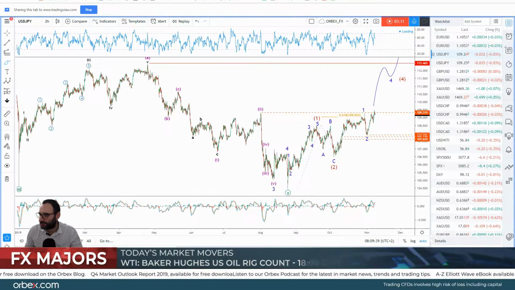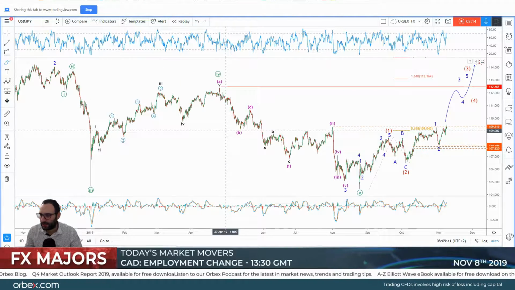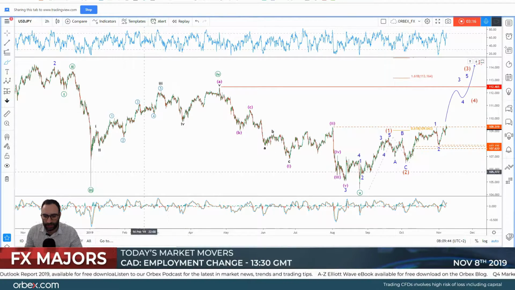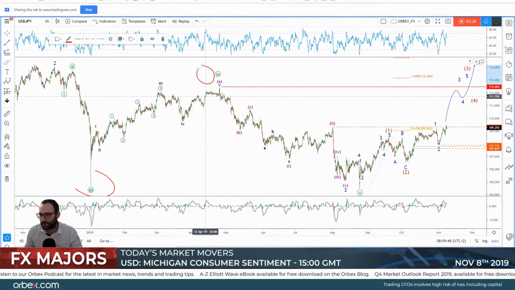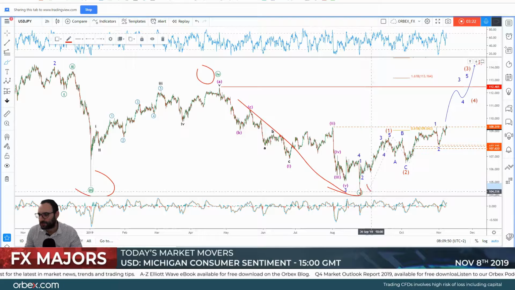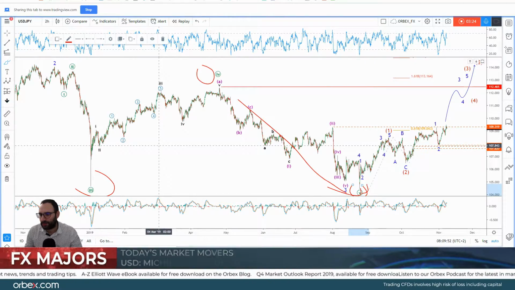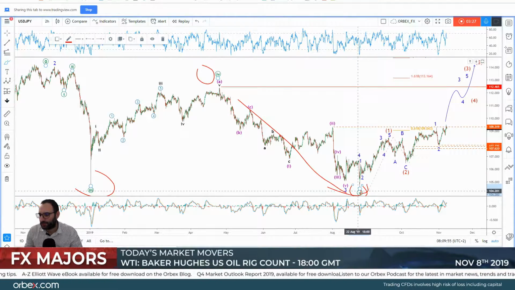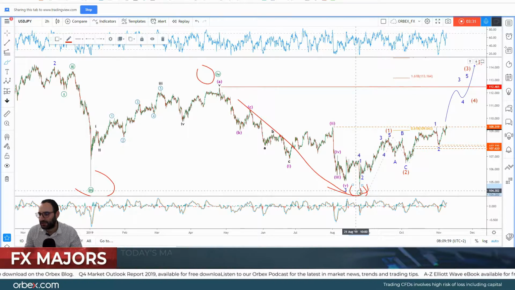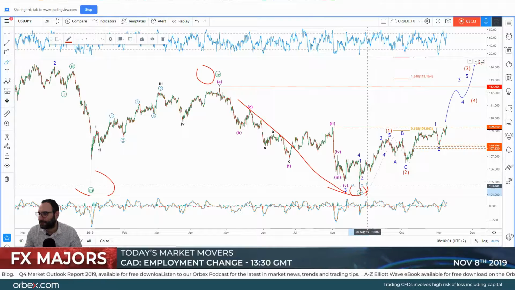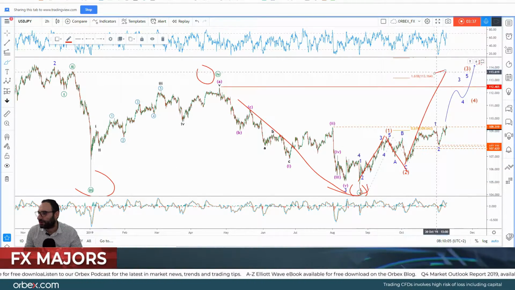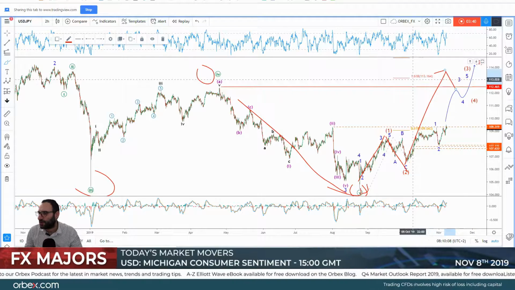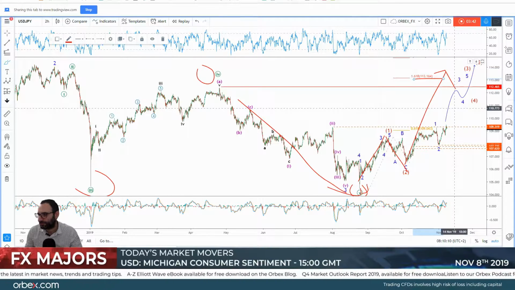On dollar yen, we're moving as we were planning, as we were projecting. We had wave 3, 4, and 5 down here. This is where also the minor degree ended, and also the intermediate wave C, if not mistaken. So we went for 1, 2, and currently we are in the midst of wave 3. That can go up to 113.